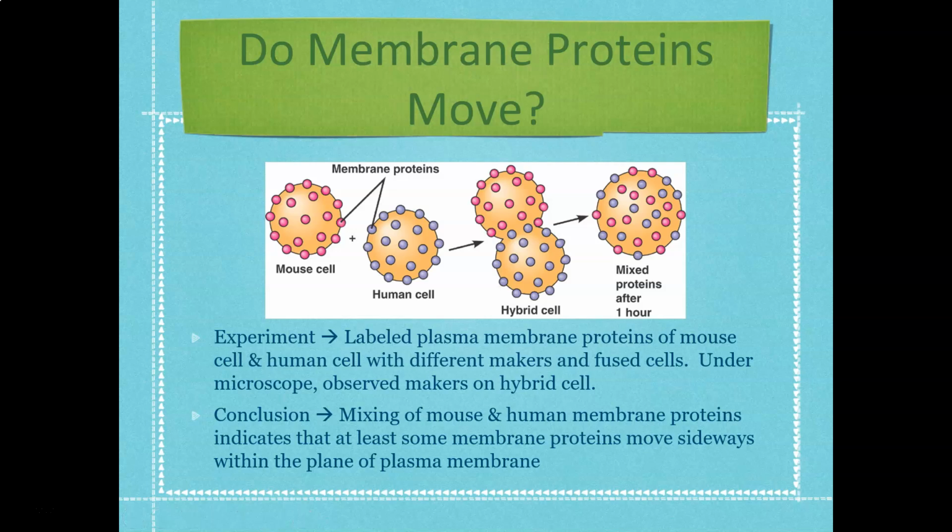Why? Well, look at it. Here we can see those colors of those proteins moved all over the surface of this hybrid cell. That's what told us those proteins in the membrane were capable of moving. Think about it. What would that hybrid cell have looked like if those membrane proteins were static in their location in the membrane?